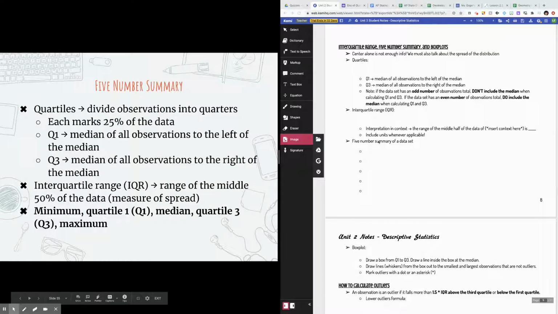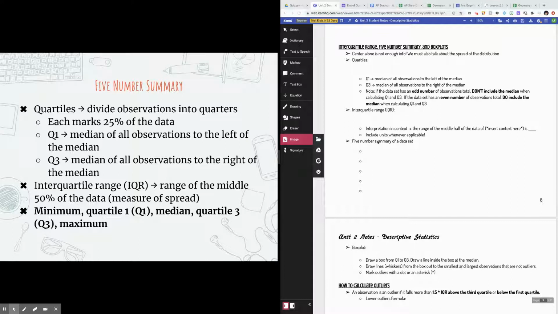One thing that we know when we're describing distributions is that you can't get a clear picture of what the whole story is, the whole truth is, using only the center, right? Especially if you're using mean and your distribution is skewed, the center may not be an accurate depiction of what's actually going on in your data set.